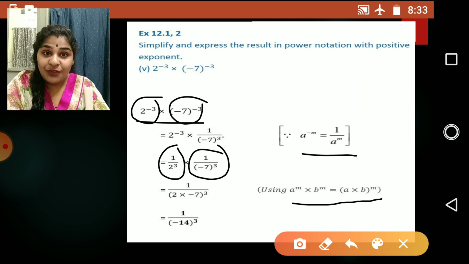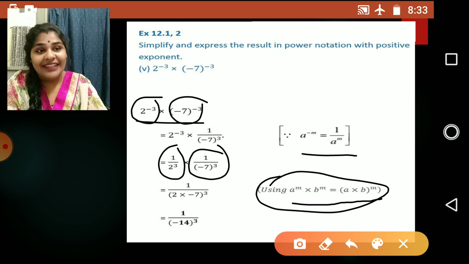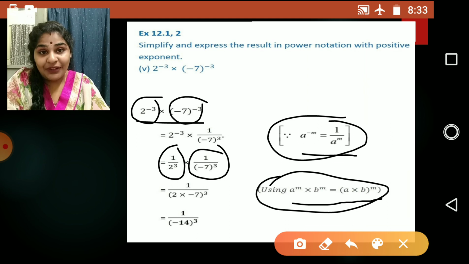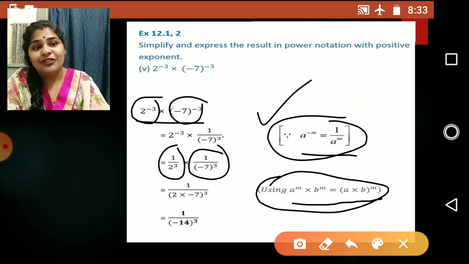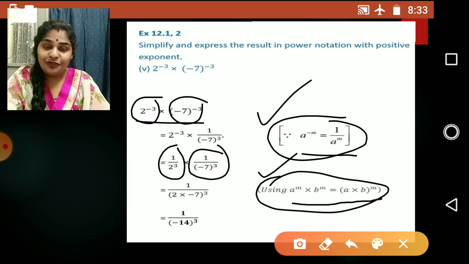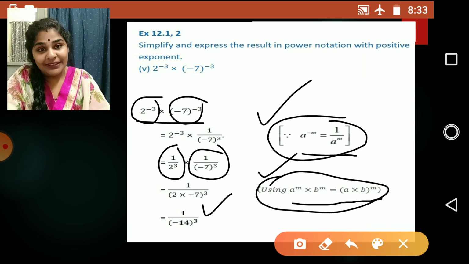When we solved, we took this law first and then at the end used the other law to make the exponent positive. Here they have interchanged. They used first this law and then this. So there are different methods to solve, children. Whichever you feel easy, you can solve it. So now it is 1 upon negative 14 raised to 3.